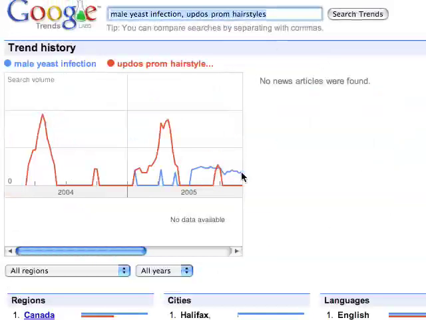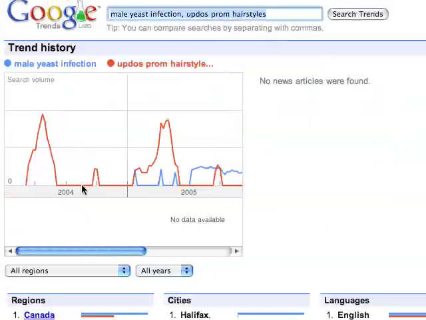So in effect, how I have been using this is that I can say, okay, if I had a website optimized, broad ranking in position 1 or 2 for the phrase updos prom hairstyles, then at certain times of the year, obviously related to the prom seasons in the US, there would be a lot of traffic. In this case, just on comparative terms, I'd expect about 1,500 page views here and about 500-600 page views here.